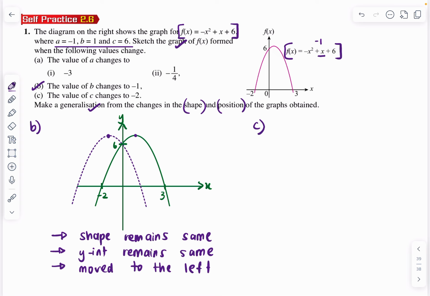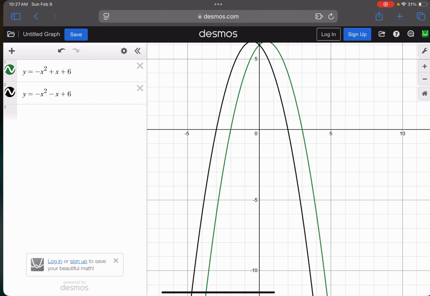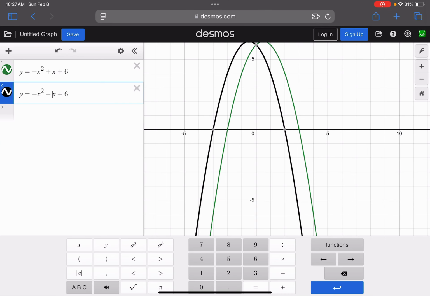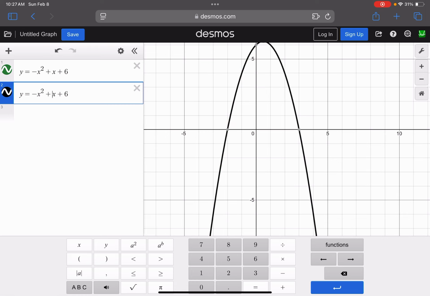Done. Then let's look at C. The value of c changes to -2. So now a remains the same, b remains the same, c becomes -2. So we change this back to plus, and c becomes -2.